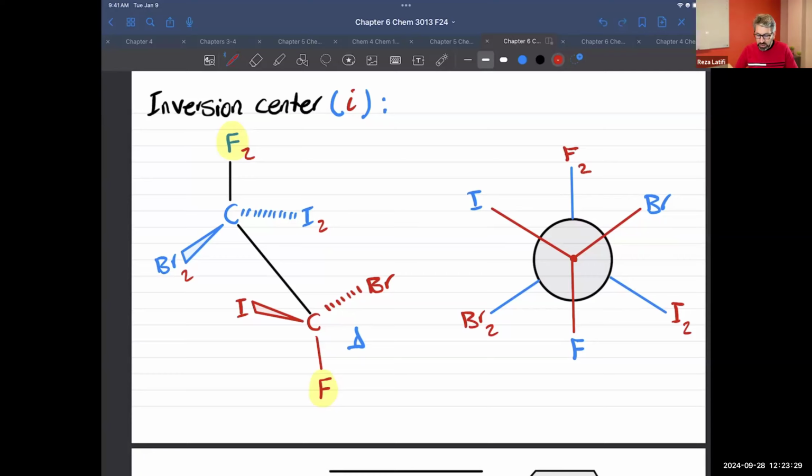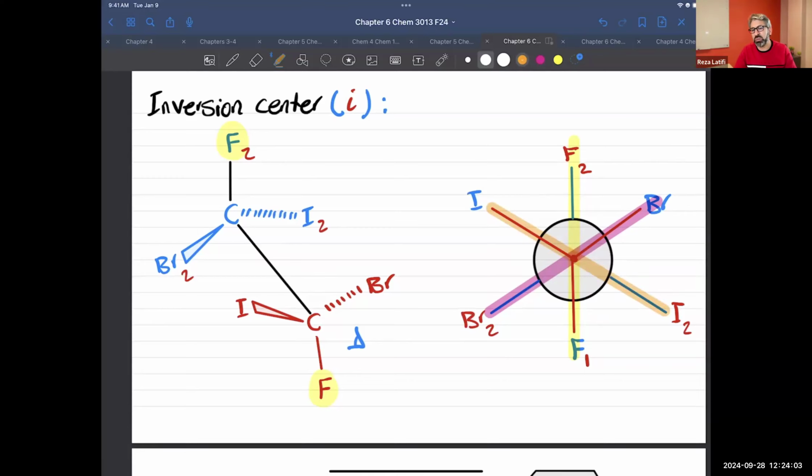Now, as you look, always 180 degrees from the first fluorine or first atom, you can find another fluorine or identical element. So if you look at fluorine number 1, 180 degrees from it, we have another fluorine. Same thing with iodine and bromine. I can see a bromine 180 degrees far from it, and last one, I can see iodine.